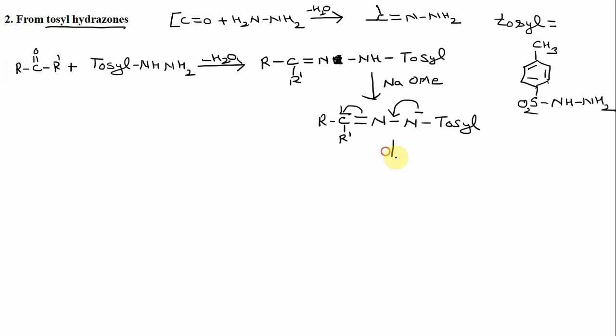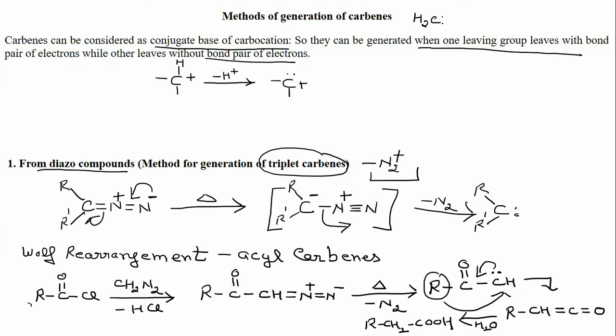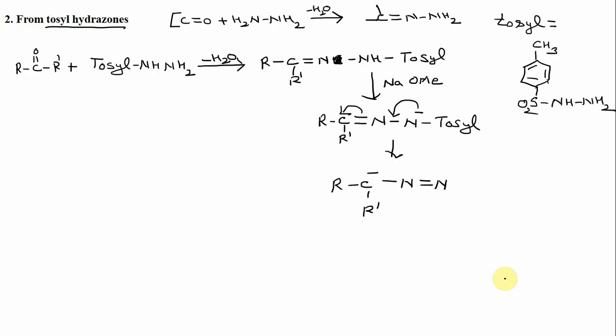So this will give you C negative, R prime, single bond N, double bond N, and here it will be tosyl group.